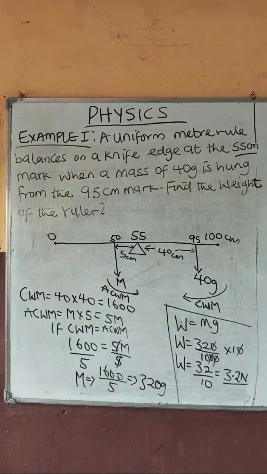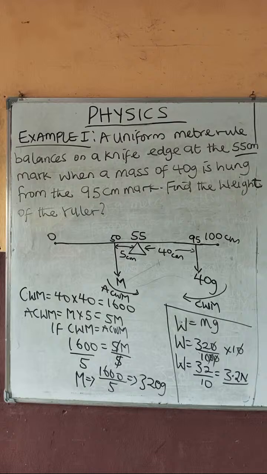You understand? Okay. Are we done? For the G, that is the approximate value of G. Yes, I choose to use G as 10.